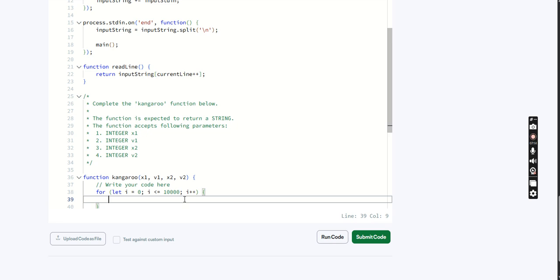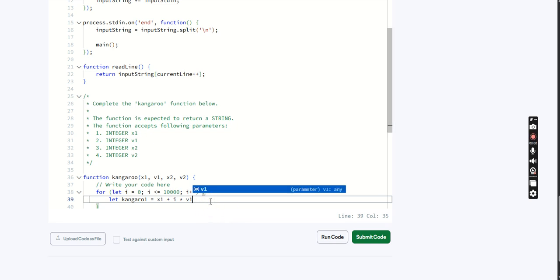Since I want to be adding, there's a logic we can use here. Let's say kangaroo1 equals x1, which is the starting location, plus the index multiplied by v1.